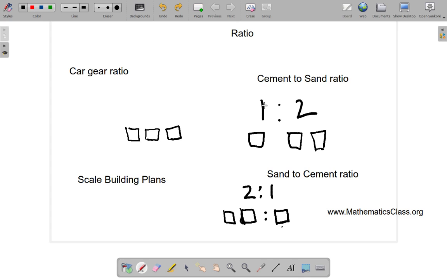So since it is a 1-to-2 ratio, you can call all of this 1. That's the cement. When it comes to the sand, you have 3 buckets, and that is 1. That matches the amount of cement, but you should have 2 times when you're talking about the amount of sand.